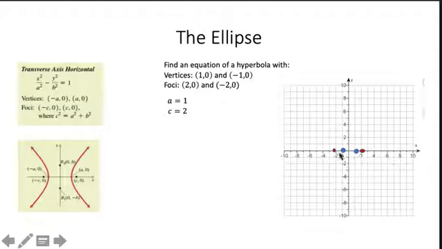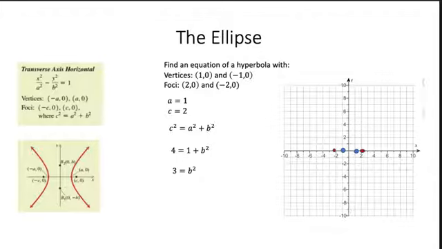The vertices are at 1 and -1. And I know c has to be 2 because the foci are at 2, 0, and -2, 0. And then I'm going to plug that information into c squared equals a squared plus b squared. So 4 is equal to 1 plus b squared, which means b squared equals 3.